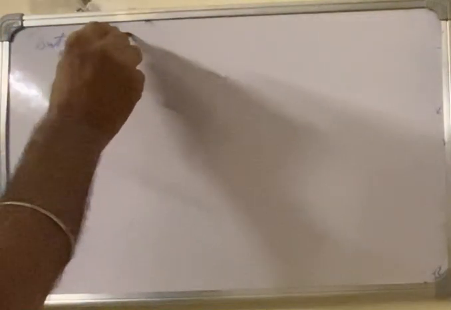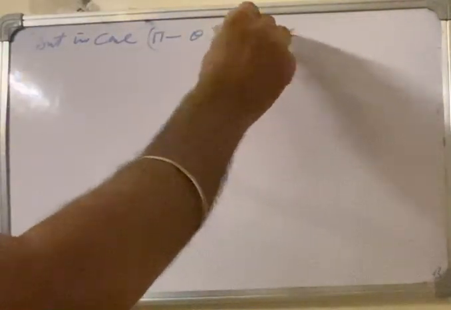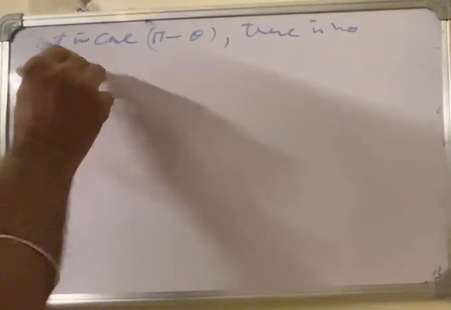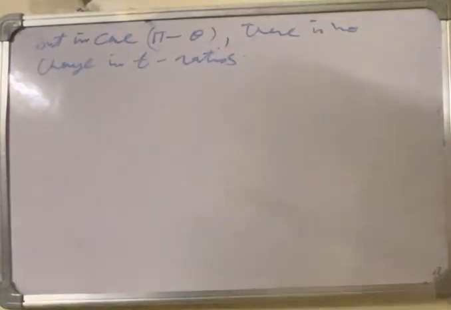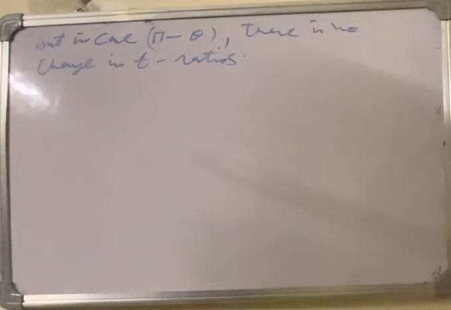But in case of pi minus theta, there is no change in trigonometric ratios. Means sine remains sine, cos remains cos, tan remains tan, cot remains cot, secant remains secant, cosecant remains cosecant. That's all. In the next video, we shall take the allied angles for third quadrant and fourth quadrant.